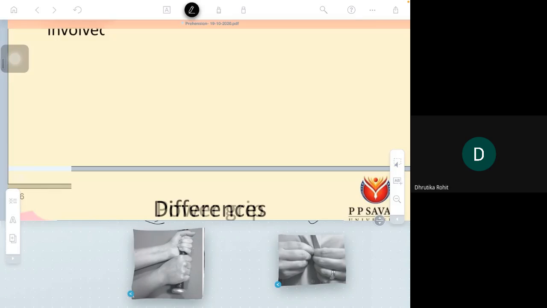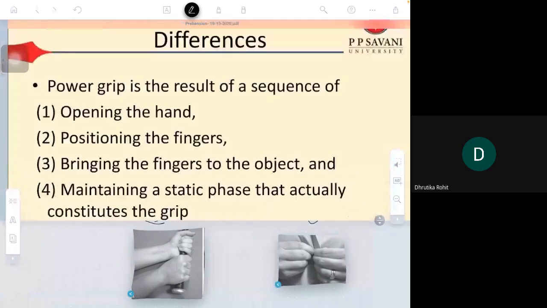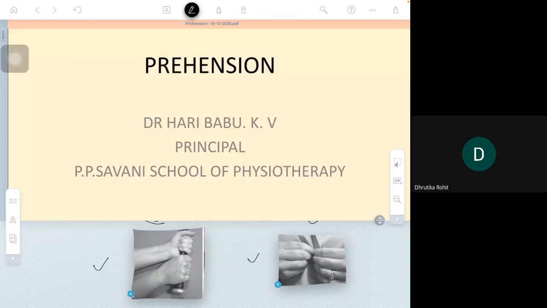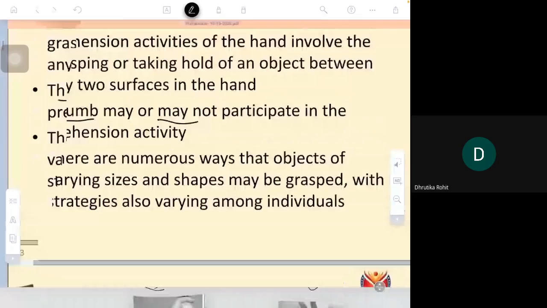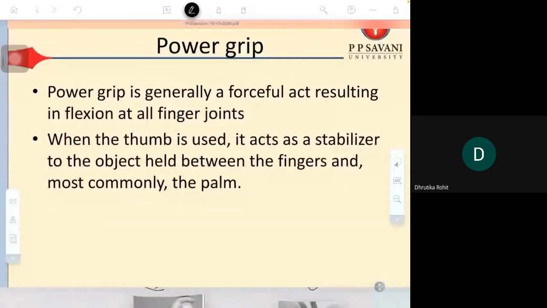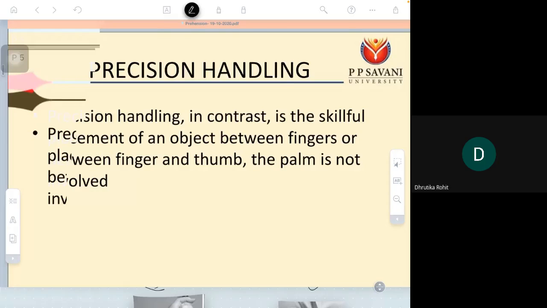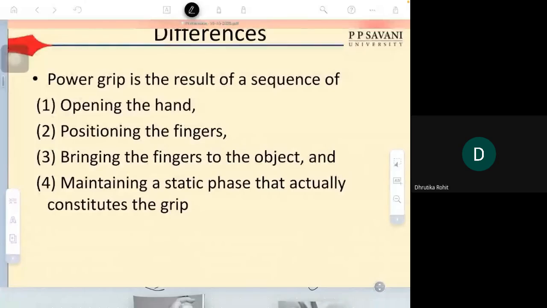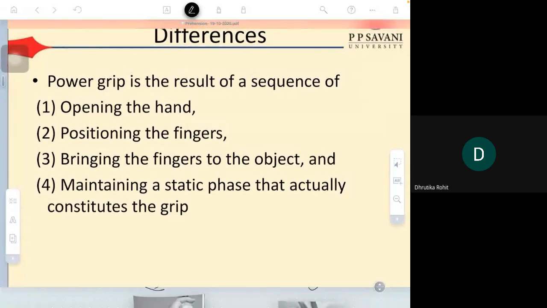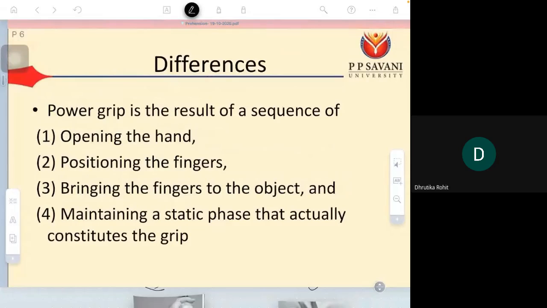So what are the differences? What is the difference between power grip and precision handling? Clear? Okay. Listen carefully, the difference between power grip and precision handling.